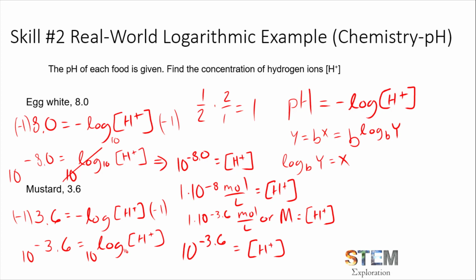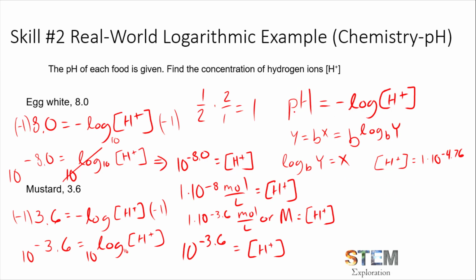If someone says, I have the hydrogen ion concentration for acetic acid, and it is, let's see, 1 times 10 to the negative 4.76.